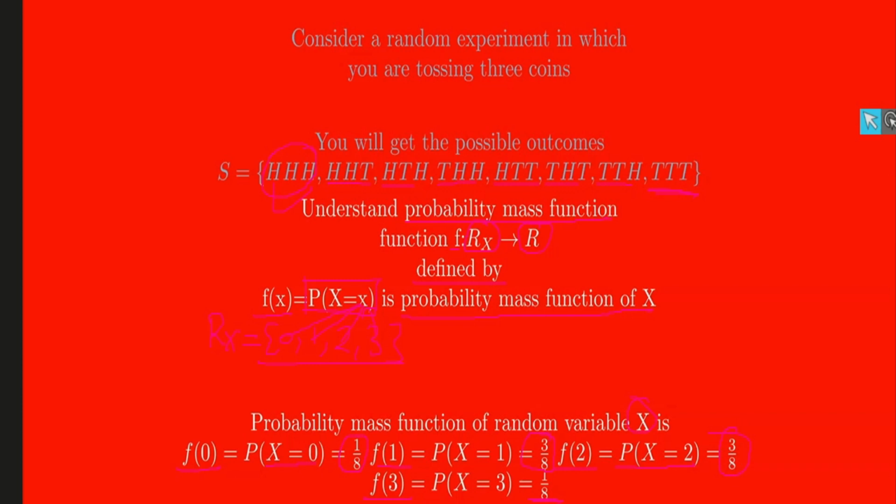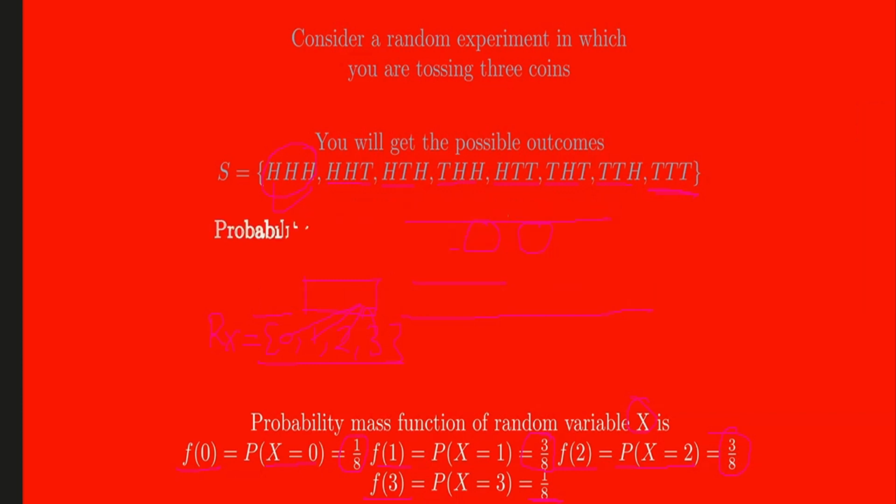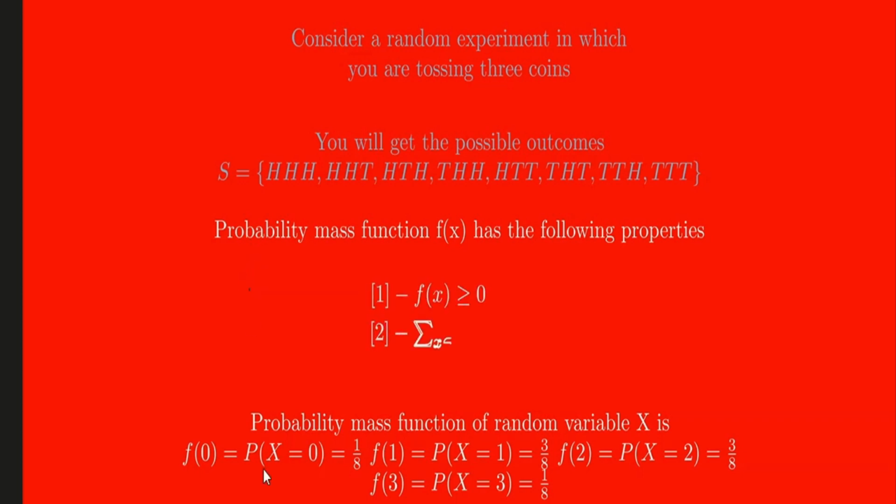Now let us understand the properties of the probability mass function. A probability mass function has 2 properties. The first, it is greater than or equal to 0, and the second, if you add all probabilities, the sum is equal to 1.